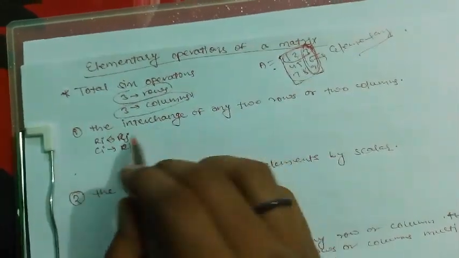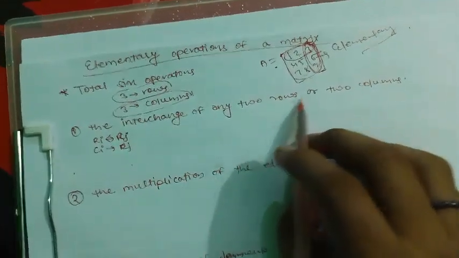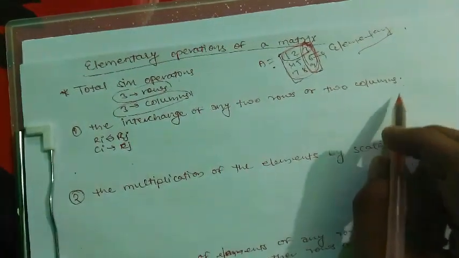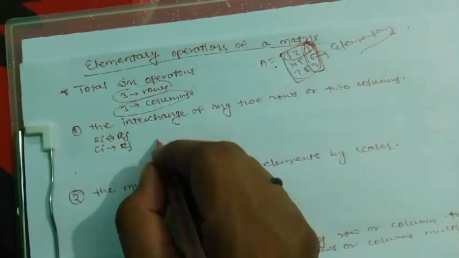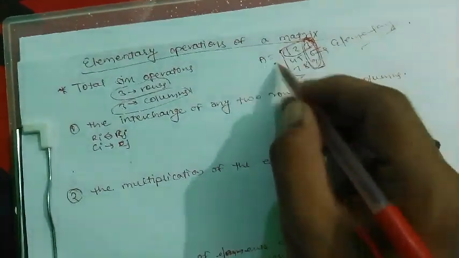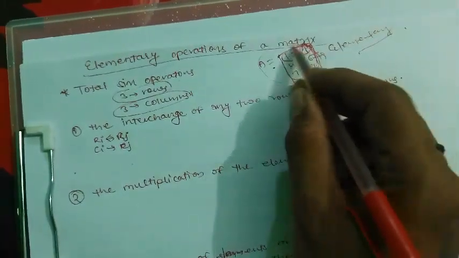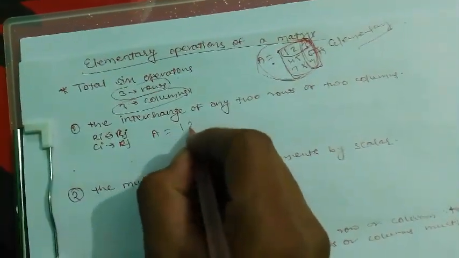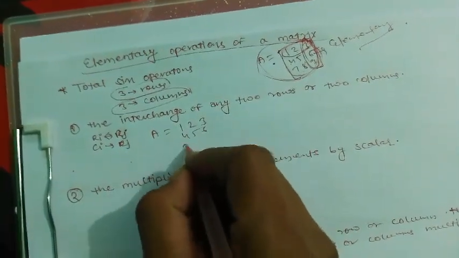So the first one is the interchange of any 2 rows or 2 columns. It means that suppose we first take an example. A equals 1 2 3 4 5 6 and 7 8 9.